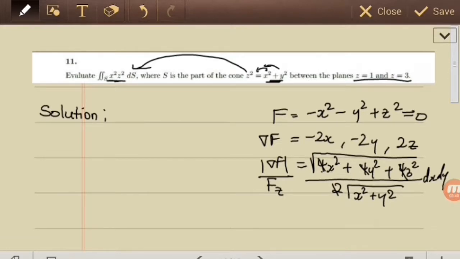Take this to the right. So I have x squared here, and z squared as well. Z squared is just x squared plus y squared. And then we can multiply with this now.